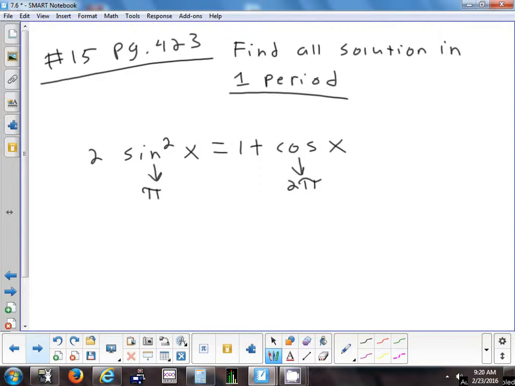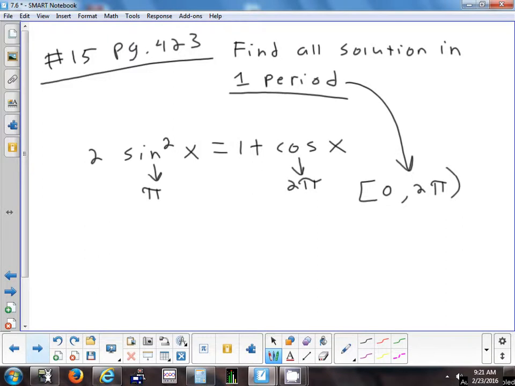The least common multiple can't be smaller than 2 pi; it has to be at least that big. So because the period of this is 2 pi, which you guys just helped me figure out, we are going to find all solutions between 0 and 2 pi.